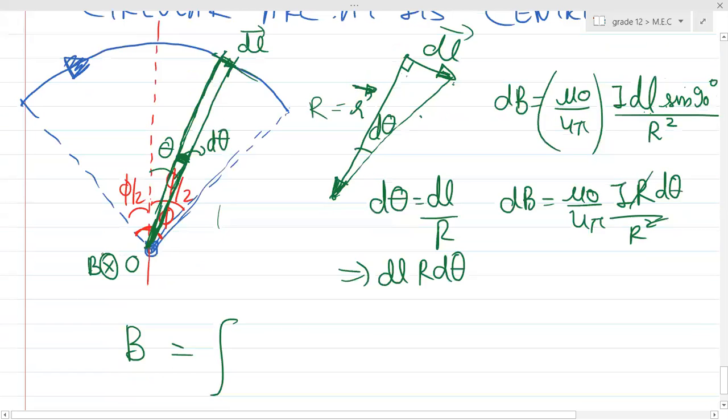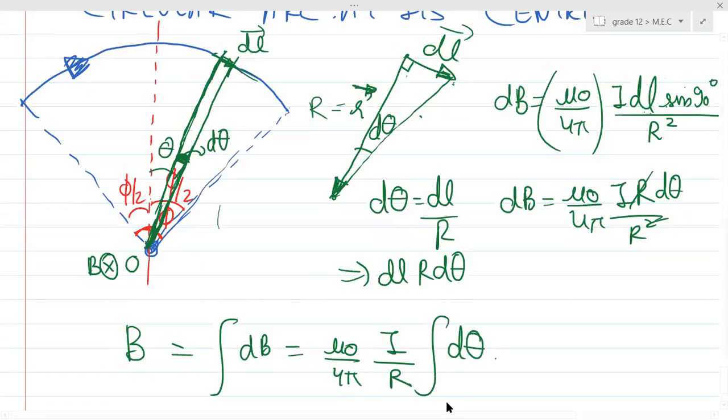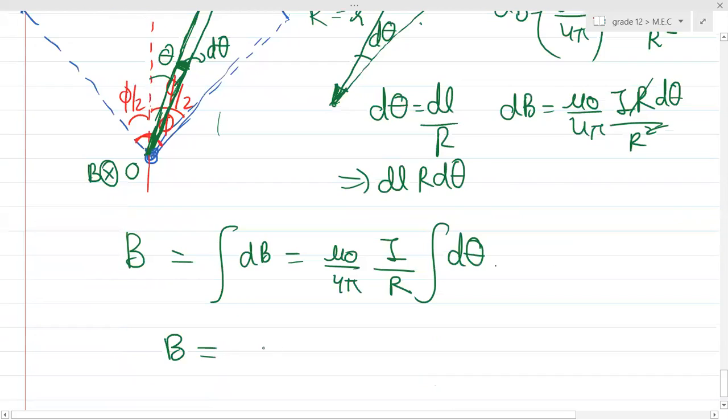So anyways, it will be integration of dB. So mu naught by 4 pi capital I by R will be coming out, and it will be into integration of d theta. Yes or no? So can you see from here B is equal to mu naught by 4 pi into I by R into theta.